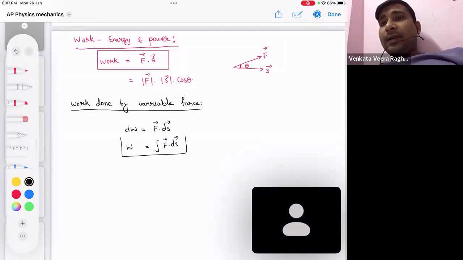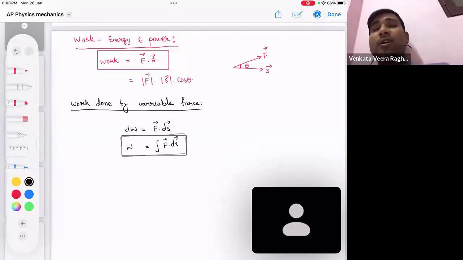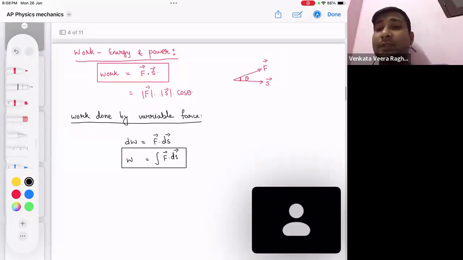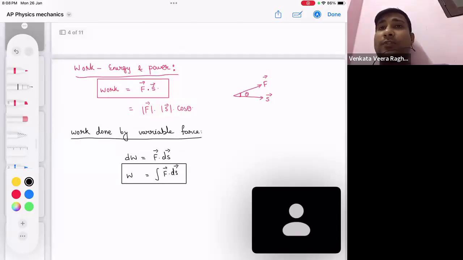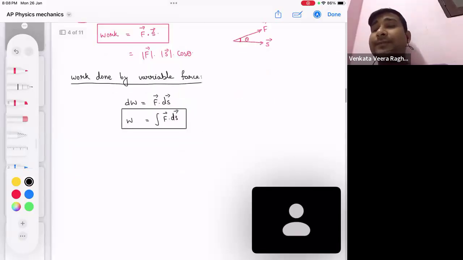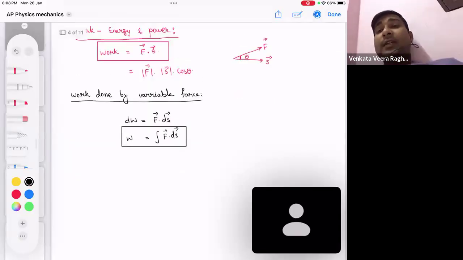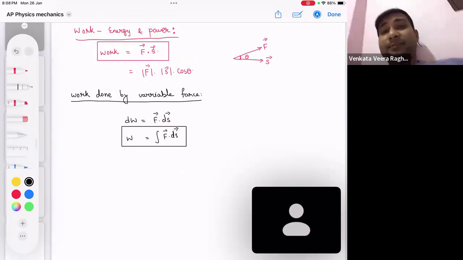Clear? And keep in mind one thing about the work done. Work done is the dot product of force and displacement vector. So dot product of the two vectors gives us what kind of quantity? It gives us the scalar quantity. Is that clear? Please tell me. So work done is a scalar quantity.